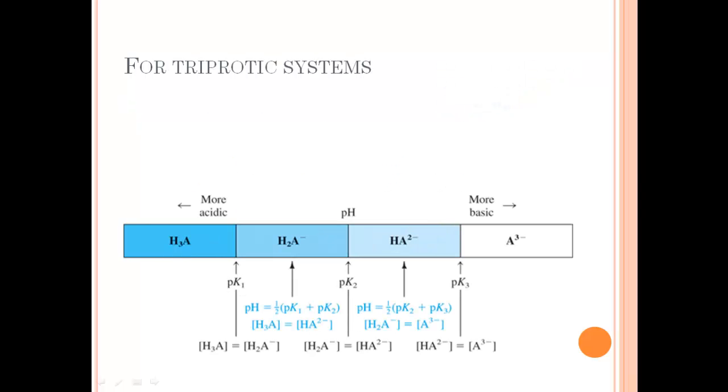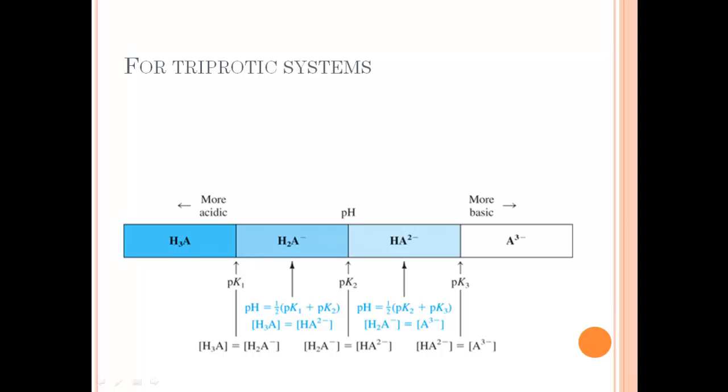And of course, we can't leave out triprotic systems. So this is the chart that you would use if you're trying to figure out what's the predominant species in a triprotic system. Realizing that, of course, instead of 2 pKa's, now there's 3 pK values. So you can just figure out that if your pH is less than the pK1 value, then obviously the H3A form is going to predominate.